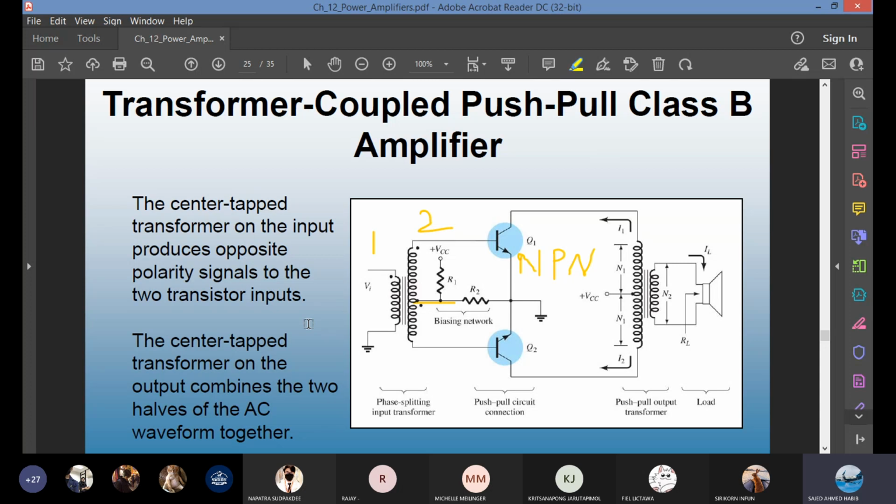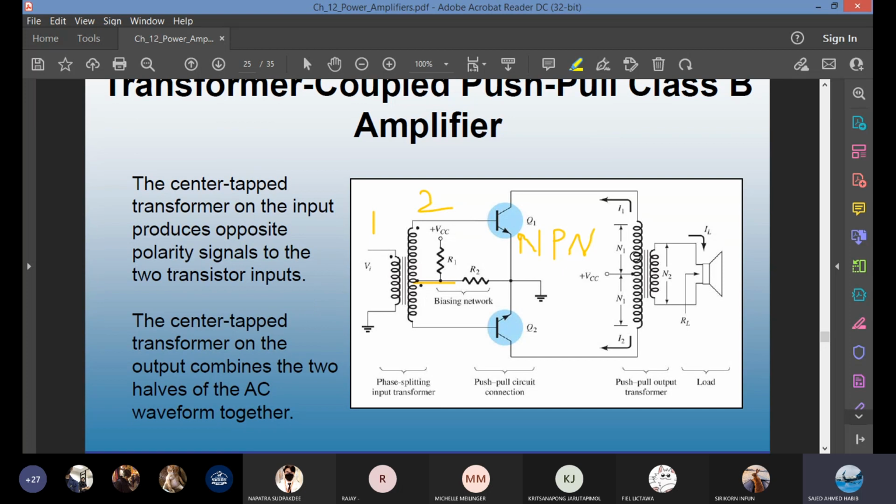The other one pulls down from the zero level, which means you are going to get the negative side of the half cycle using the other transistor. On the output side, when you have center tapping again, it will combine the two halves of the AC waveform together, and then you will have a full waveform again.